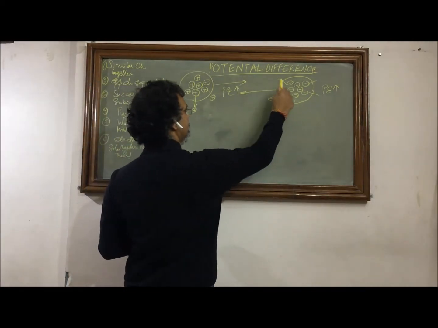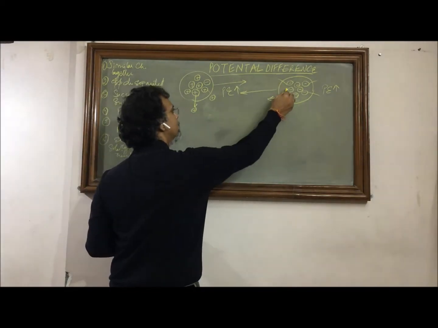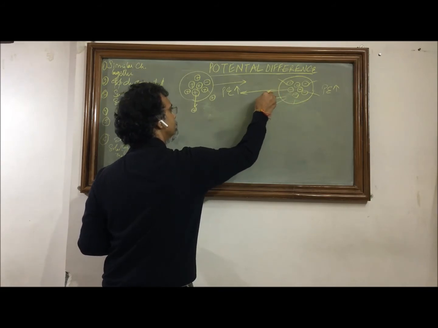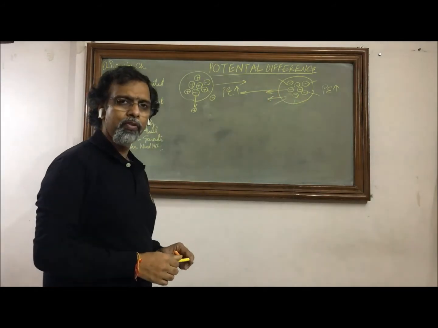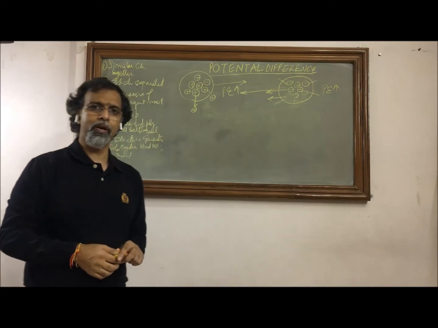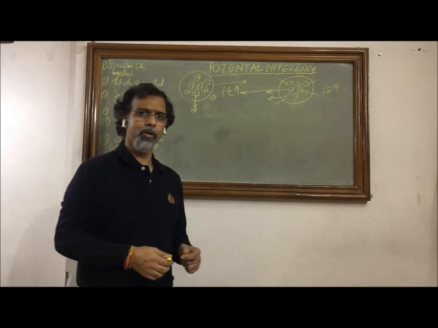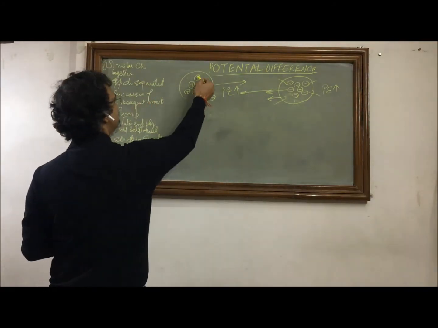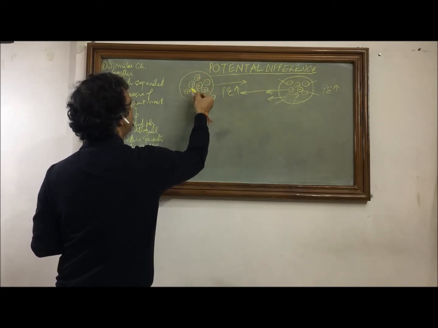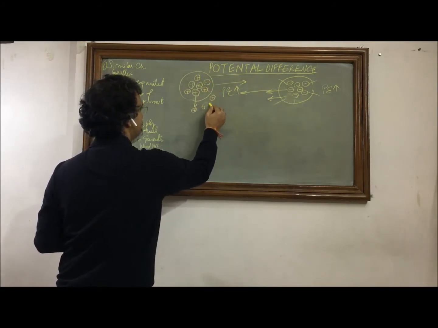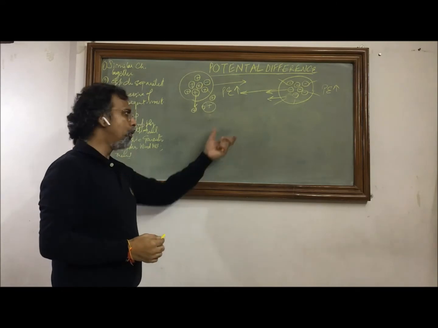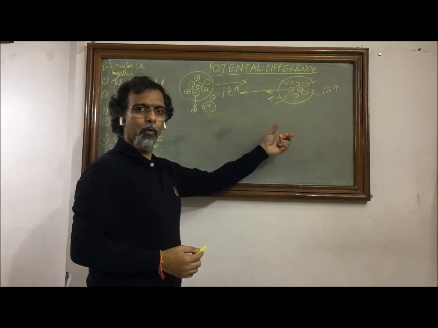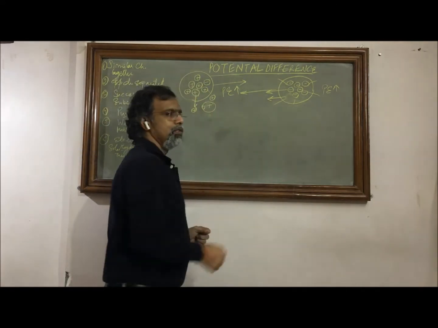Now think of the other charge. This will also move. But will it move with the same force, same tendency as the first one has moved? Initially, let's say there was a charge of 1, 2, 3, 4, 5, 6 positive here, and it was pulling these negative charges.